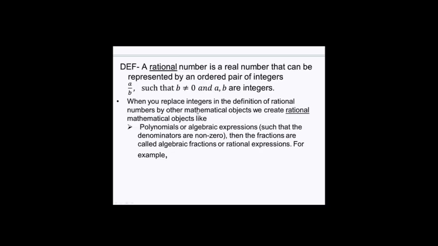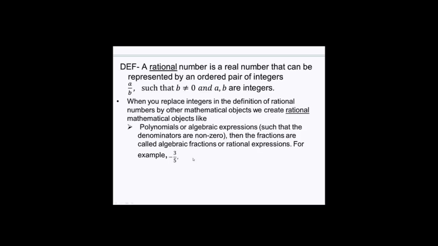Remember how we said in order to consider mathematics as fun and to play, we can immediately now look at rational mathematical objects. So the word rational means you have to have a numerator and a denominator. If you replace numerator and denominator by different objects, we end up with rational mathematical objects.